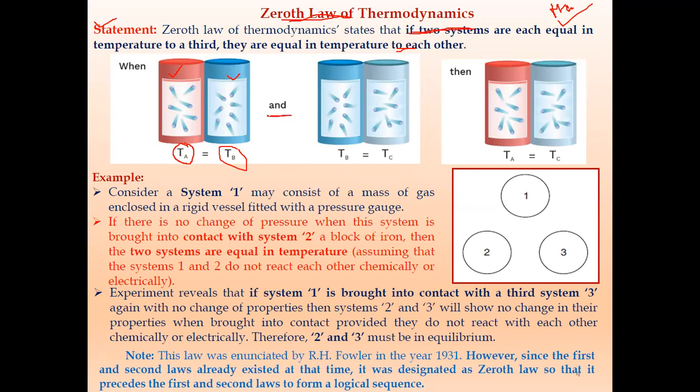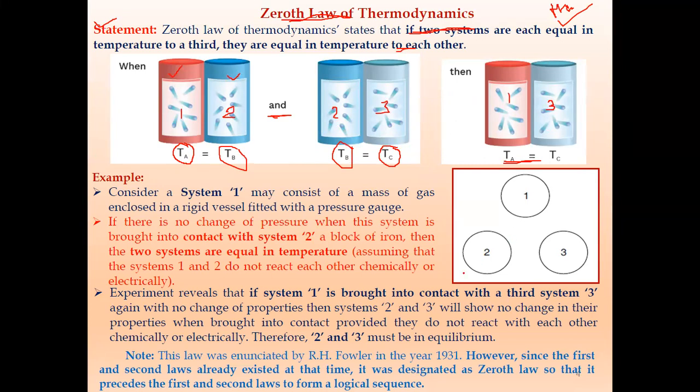And similarly, we have the second system and third system, in which the temperature Tb equals the temperature Tc, that is the temperature of the third system. Then the zeroth law states that there will be thermal equilibrium, or equal temperature, between the first system, that is system A, and the third system, that is system C. Okay, so this is the statement of the zeroth law of thermodynamics.